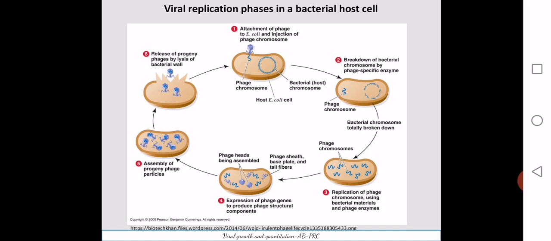In some other occasions, the entered viral chromosome will not lyse the bacterial chromosome. Instead, these viral chromosomes will be integrated into the bacterial chromosome. In that situation, these phages are called lysogenic phages, and the virus will multiply along with the bacterial chromosome. Each time the bacteria replicate, the virus also replicates, and a copy of the viral chromosome will be present inside the bacterial chromosome, and they'll be propagated.